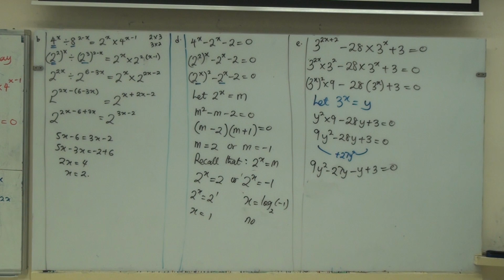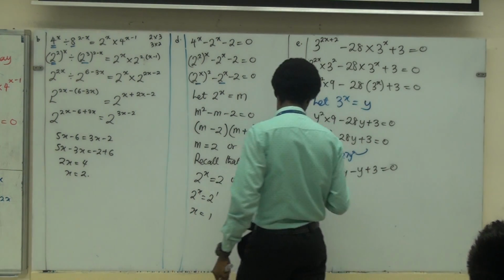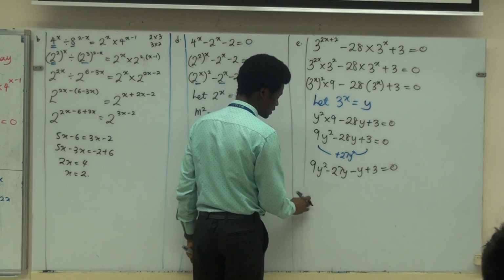Put two brackets that are the same thing. So what do I do first? Tell me the next step. Brackets, 9y squared minus... You need to make the brackets the same, so you do this on one bracket and this on the other.